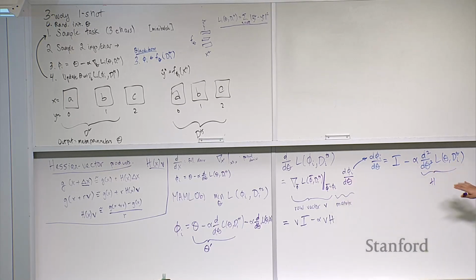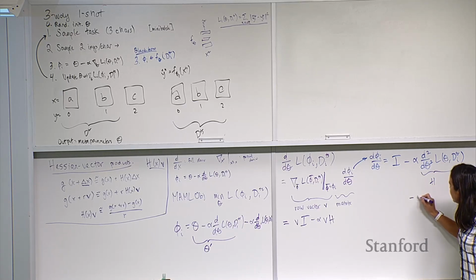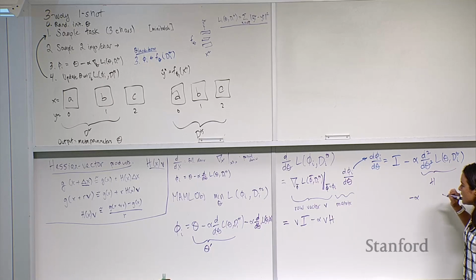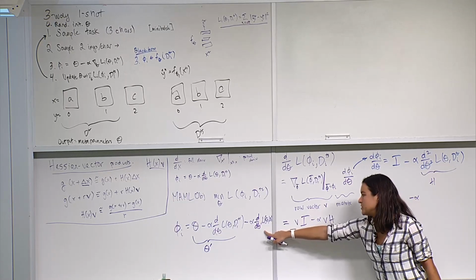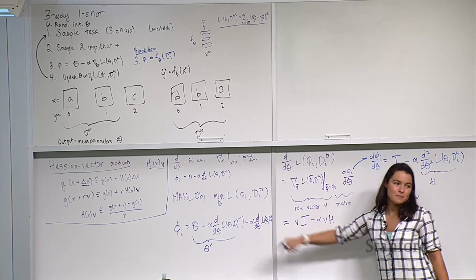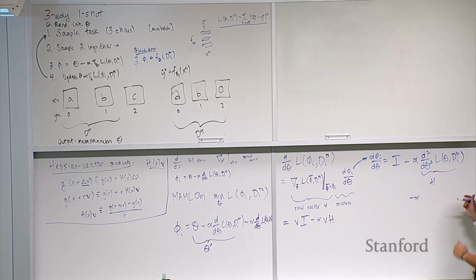What we're going to get for the new d phi I d theta is the same as before, but now we're going to have a third term, which will look like minus alpha times this differentiated, we need to differentiate this third term by theta.